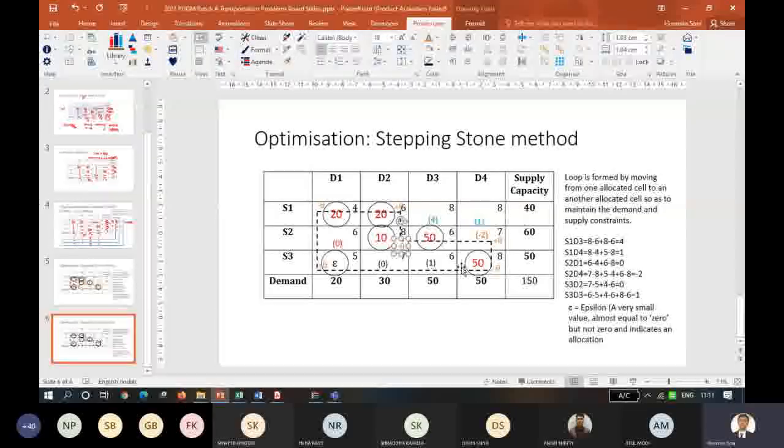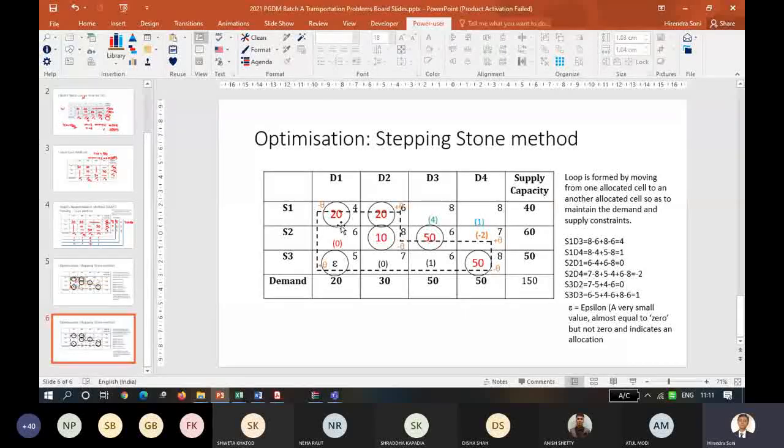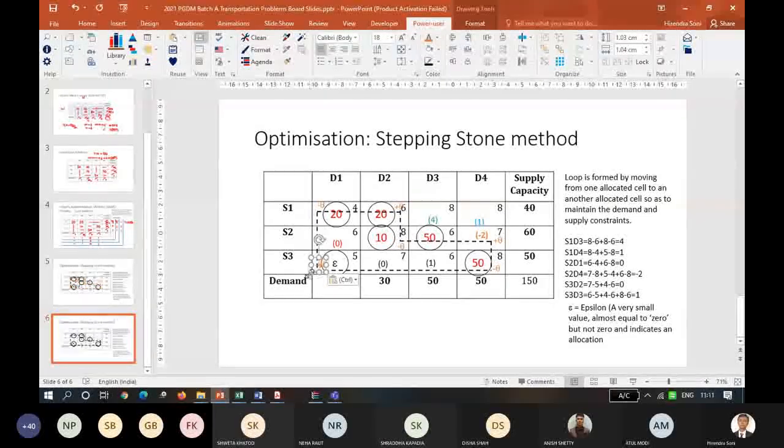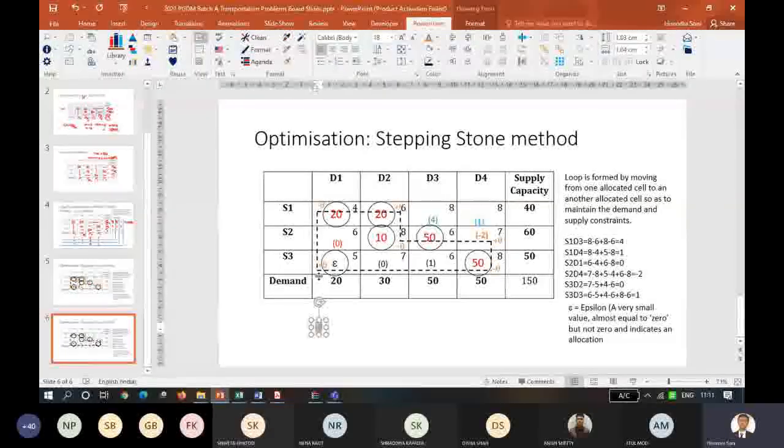So what you do is you identify wherever your theta value is negative. That is what I am going to look at. Here the allocation is 20, here the allocation is 10, and here the allocation is 50.